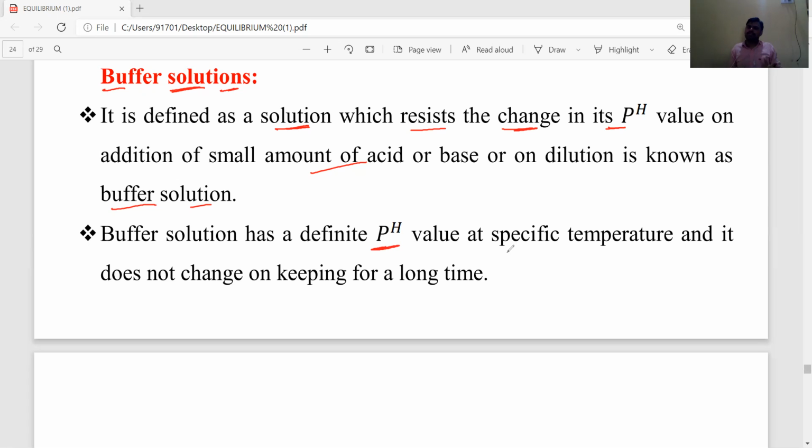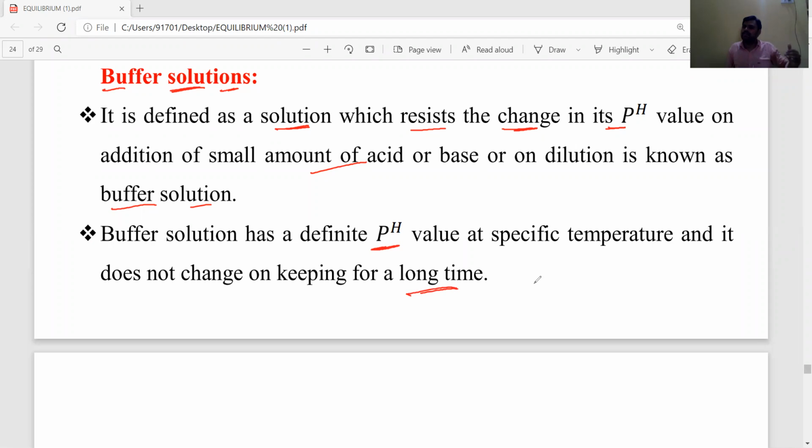Okay? So buffer solutions have a definite pH value at a specific temperature, and it does not change upon keeping for a long time. In our body, blood is there continuously. Even after 1 day or 1 year or 5 years, its pH value is not changing because of its buffer solution.